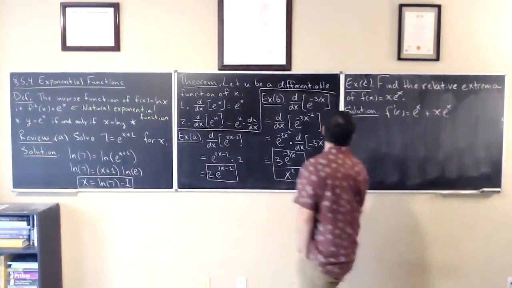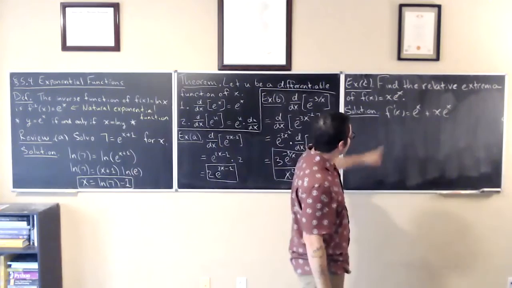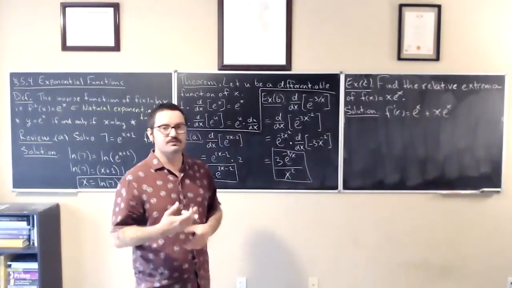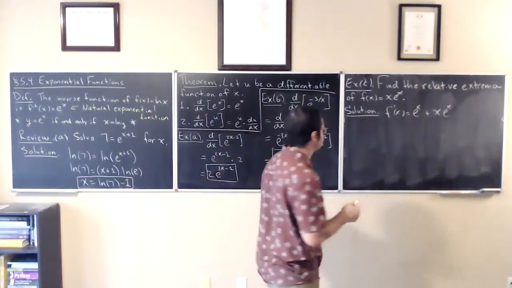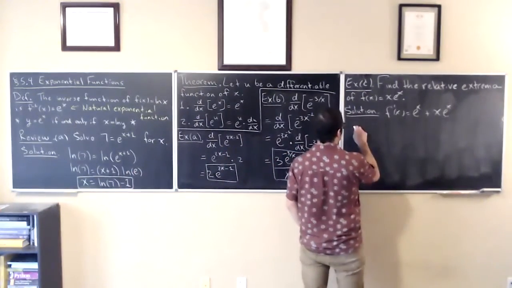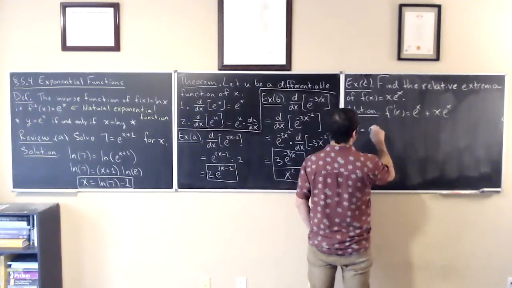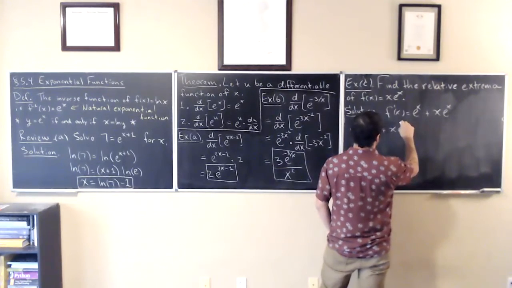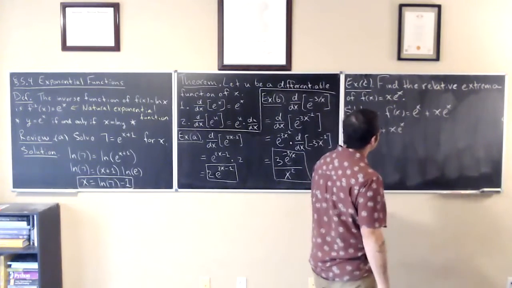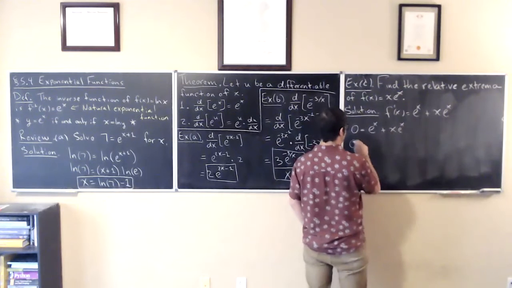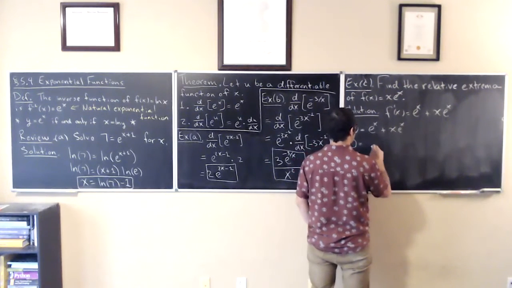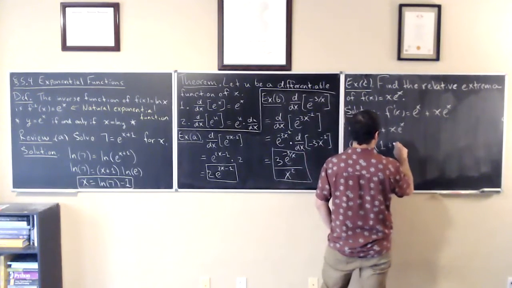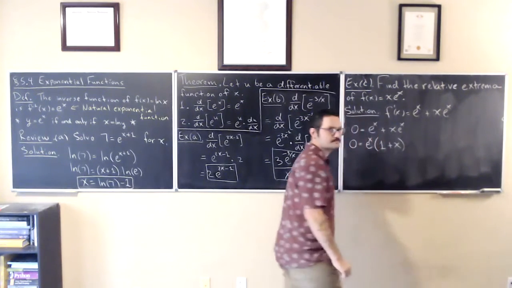So now, this derivative exists everywhere, so the only critical numbers are going to be the numbers where the derivative is equal to 0. So let's set this equal to 0. Okay, and then we can factor out an e to the x. Like that.